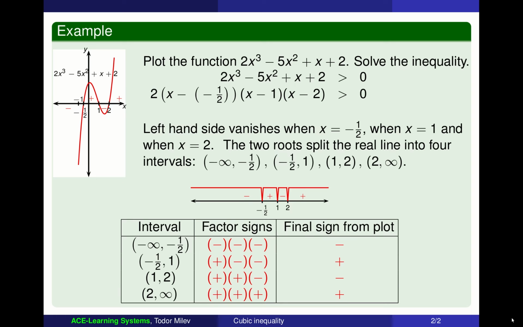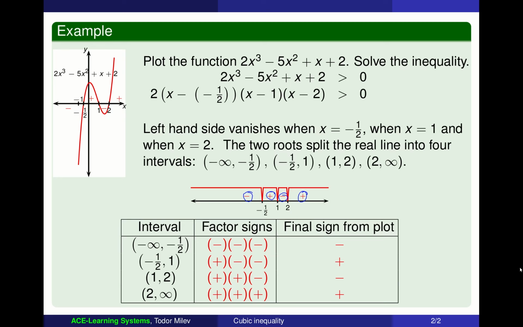I don't know if you noticed, but in this cubic, the signs alternated. So if the sign in this interval were positive, then the next sign was automatically negative, and then the next sign was automatically positive, and then the next sign was automatically negative.